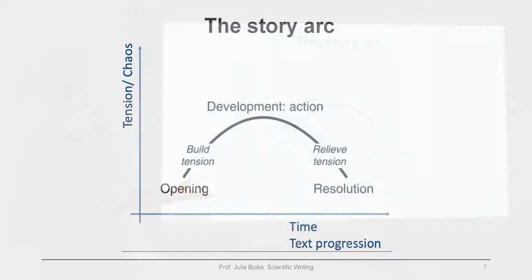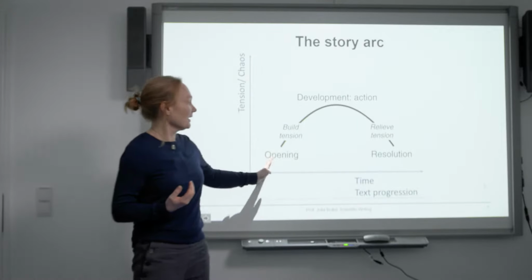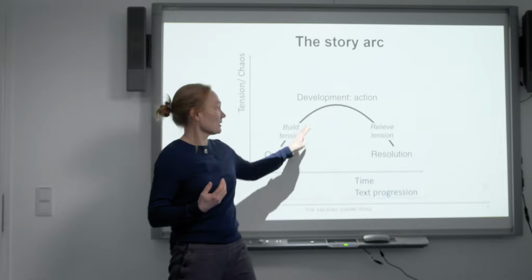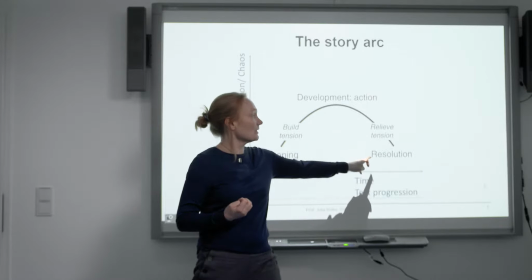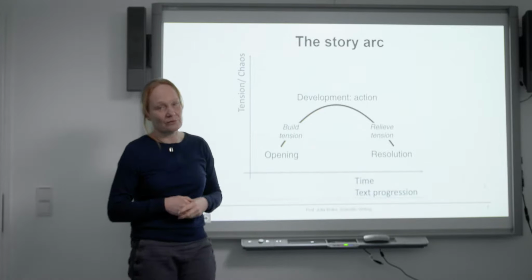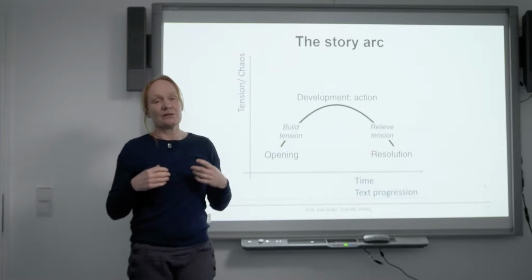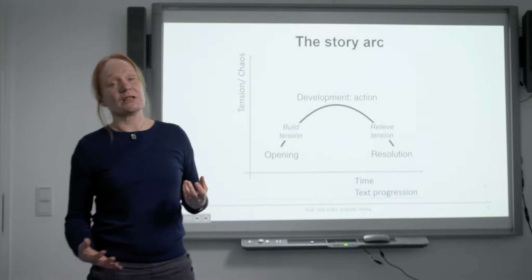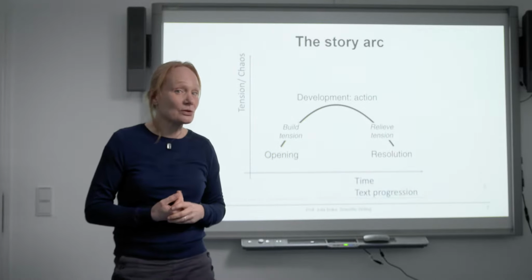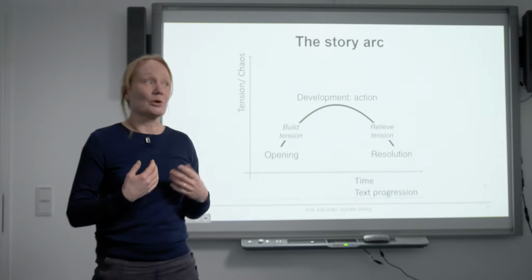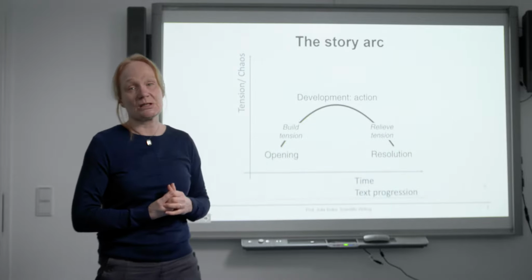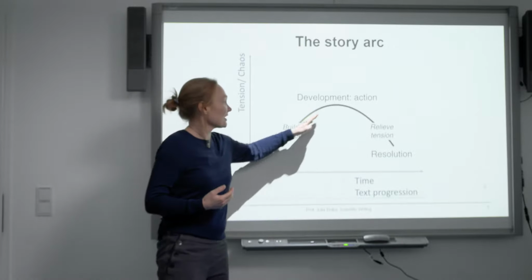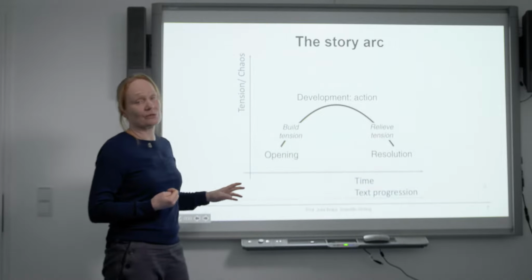This arc means you have an opening, then you build up tension, as in action movies, and then in the end you relieve the tension and you have a resolution. This is how most stories are built up, and you know from yourself, if you don't like the story, then probably the resolution is too late, or you have too much action with no resolution, so something is not right.